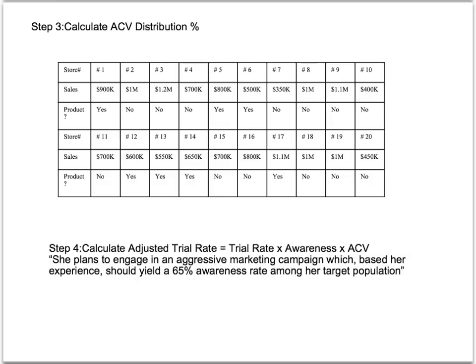The next step in the procedure is to calculate your ACV distribution. In the numerator, we're only concerned with taking the sales where you see your product is distributed. So where you see a yes, I'm circling.